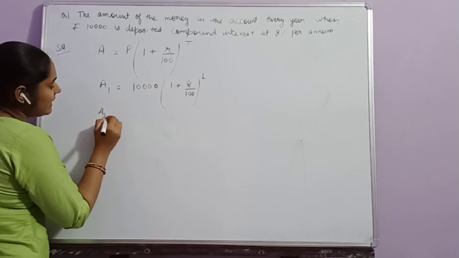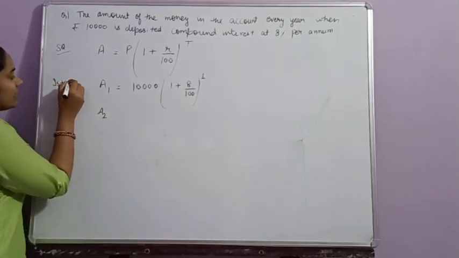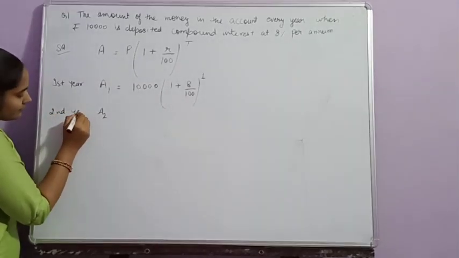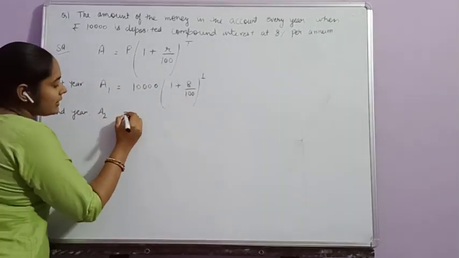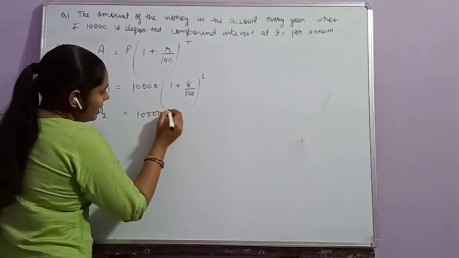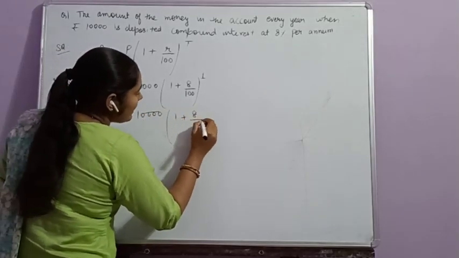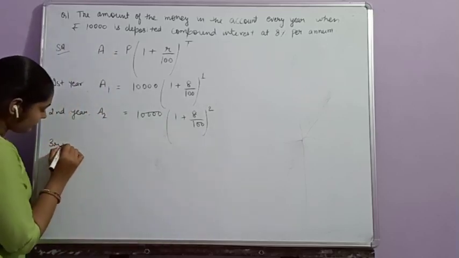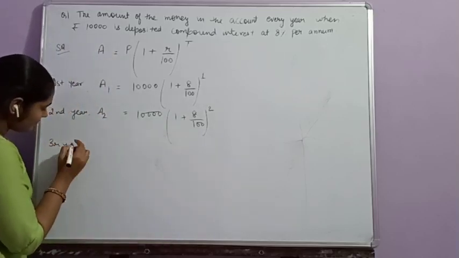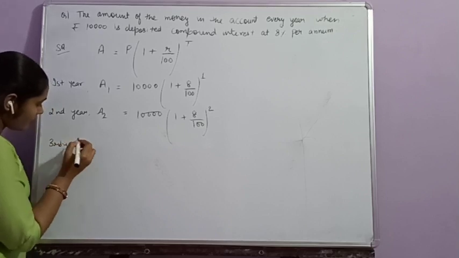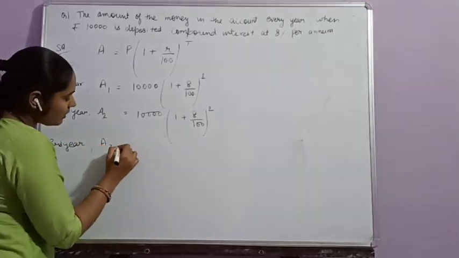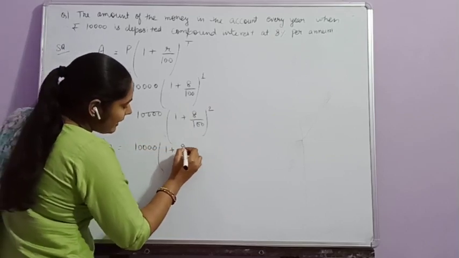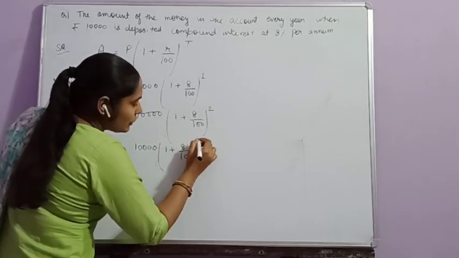Similarly for second year, 10,000 into 1 plus 8 by 100 raised to the power 2. Similarly for third year, A3 is equal to 10,000 into 1 plus 8 by 100 raised to the power 3.